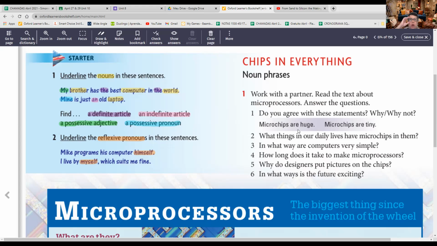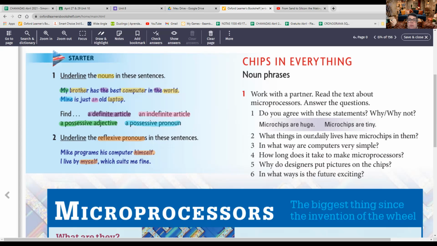No. Why not? Because it's small. They are very small. Physically speaking, they are tiny. They are really small. So tiny is very small. Huge can be the capacity.